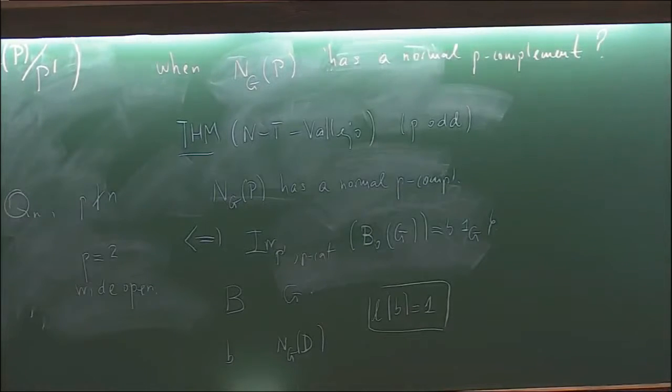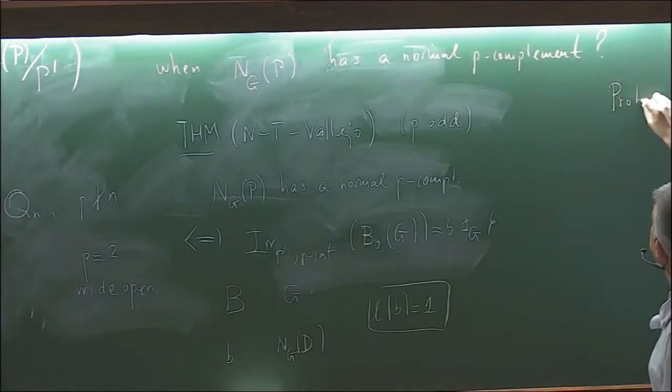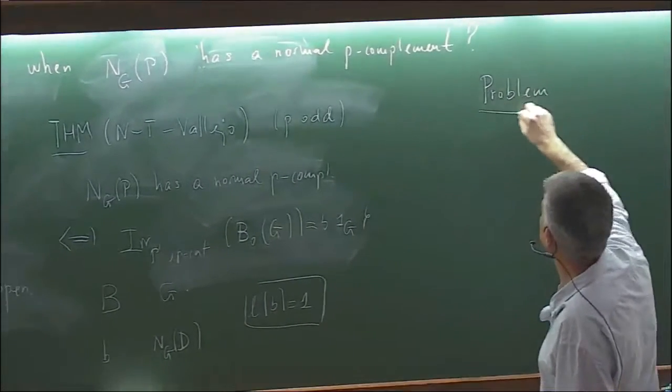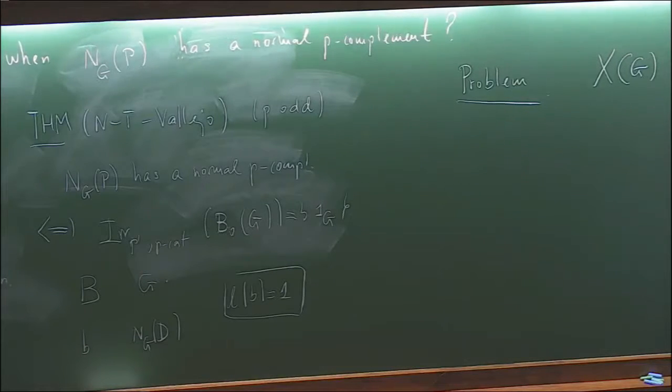Okay, problems about this. I have a problem that some people are thinking of. Does the character table determine the number of Sylow P subgroups? Or, in other words, does it determine the size of the normalizer?